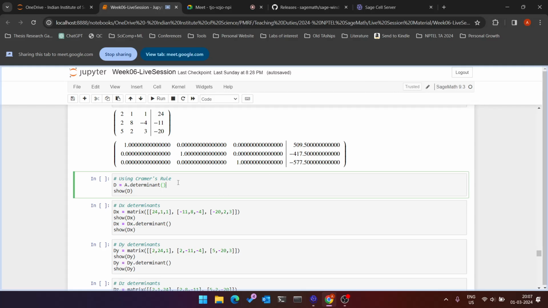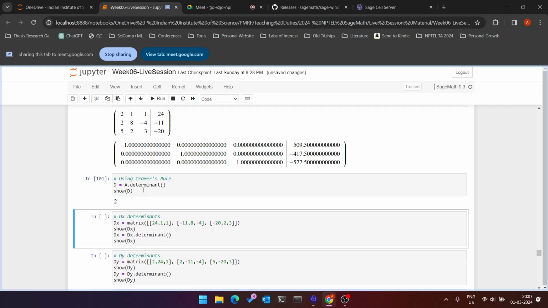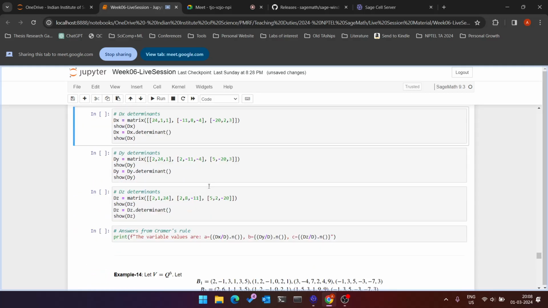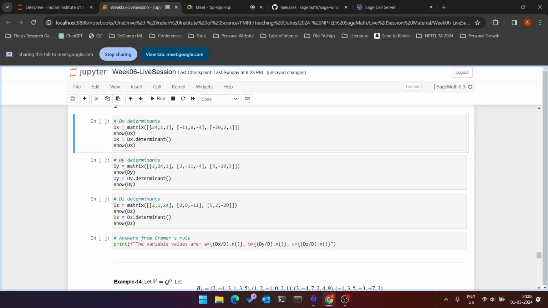If we use Cramer's rule, we have to calculate the determinant of the coefficient matrix first. That is assigned as D. Then we create a different matrix which has the RHS, or the vector B, so 24, minus 11, minus 20, placed in the column corresponding to the variable we want. So it is placed in the first column because we want to calculate the first variable. This is how we define the matrix dx, and then we calculate its determinant.